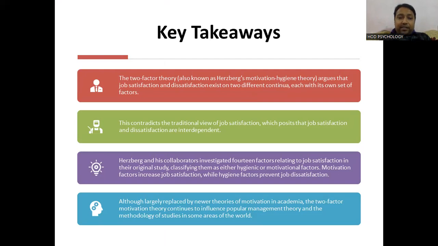Motivation factors increase job satisfaction, while hygiene factors prevent job dissatisfaction. Although largely replaced by newer theories of motivation in academia, the two-factor motivation theory continues to influence popular management theory and the methodology of studies in some areas of the world.